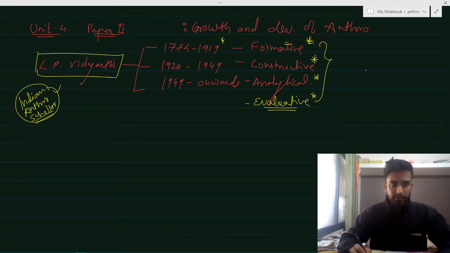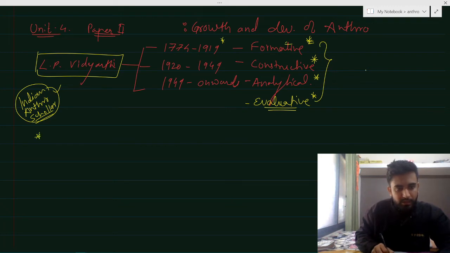Now, as I've already told you, this is a very important unit. I'm going to refer to my notes so that I do not miss anything and we get a perfect picture. So when it comes to the formative phase, a few things that I'm going to write down are the significant things which happened here.